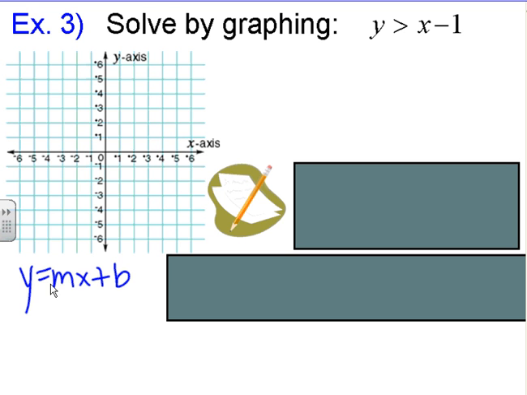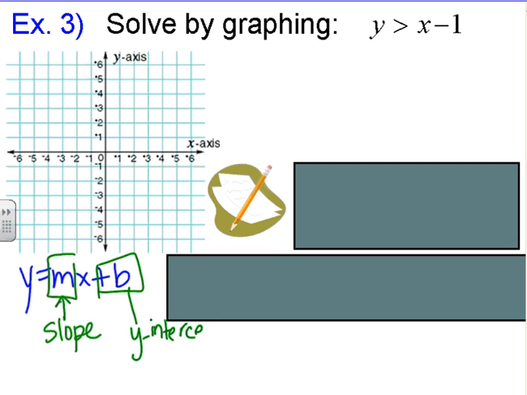When it's in this order, when the y is on the left and everything else is on the right, the coefficient of the x term is the slope, and the b represents the y-intercept. We can use this information to help us graph. Since it's in the right order, let's take the information down. The slope of this line happens to be 1, and the y-intercept happens to be -1.